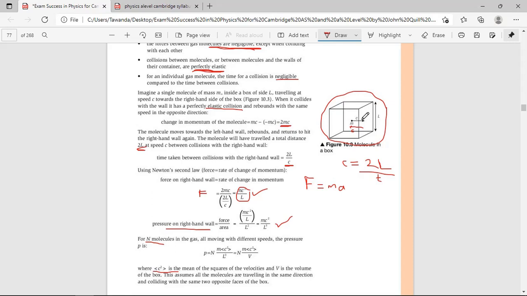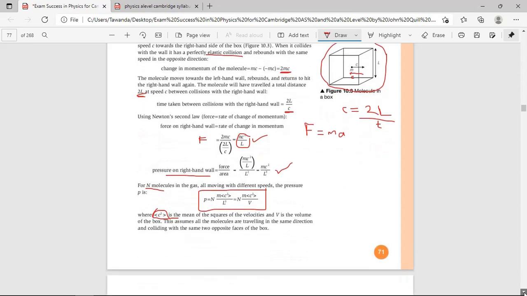So we are going to take the mean of those velocities squared, and V is the volume of the box. This assumes all the molecules are traveling in the same direction and colliding with the same two opposite faces of the box. So we have managed to derive that formula. You must know how to derive this formula.